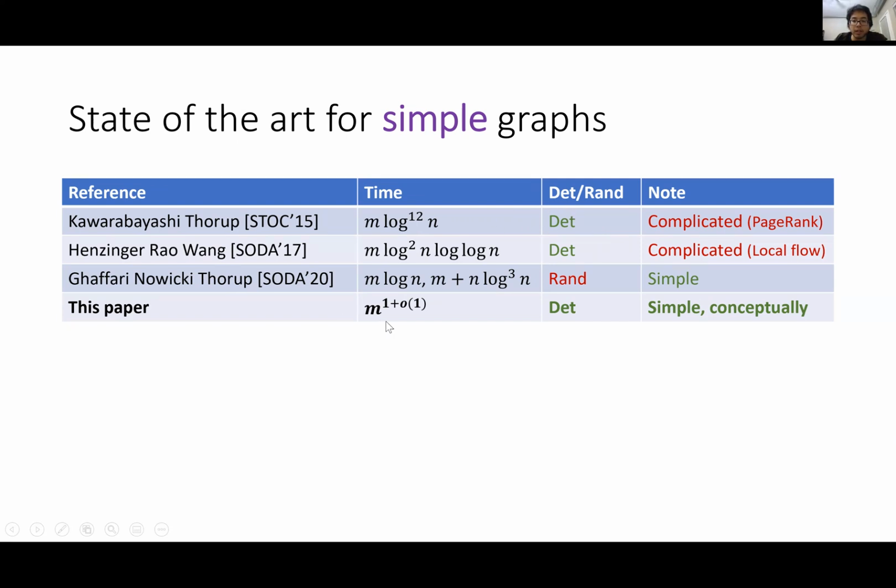In this work, I will show an algorithm that is deterministic and is simpler than the previous deterministic algorithm, at least conceptually simpler, because it just takes a few simple steps once you are given something called expander decomposition. However, the time is slower. But I hope that it's still nice to see because it's quite simple.